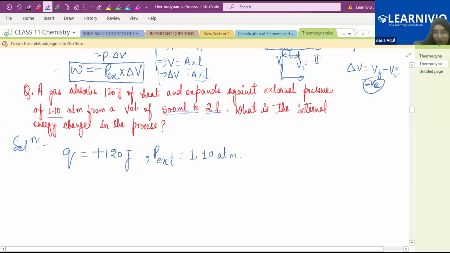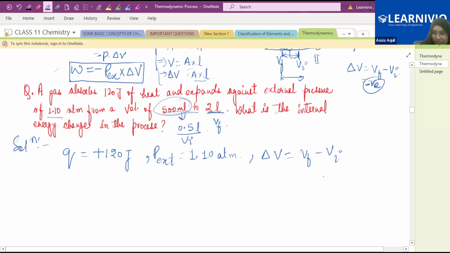Delta V. So see here, this is 500 ml and this is 2 liter. Okay, so you have to convert this. So I'm just converting this 500 to liter. So it will be 0.5 liter. Okay, so initially this is the initial volume and this is the final volume. So what about the delta V? Delta V will be VF minus VI.